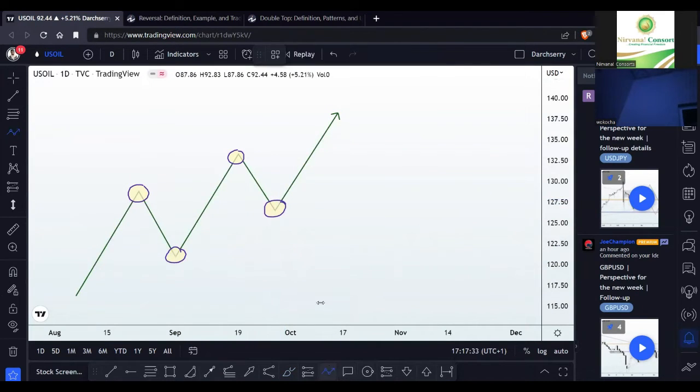Now, if the market is going to change, then definitely we'll start seeing situations where price starts forming a consolidation phase. It could be selling pressure.